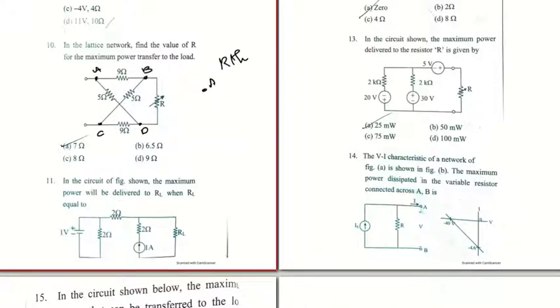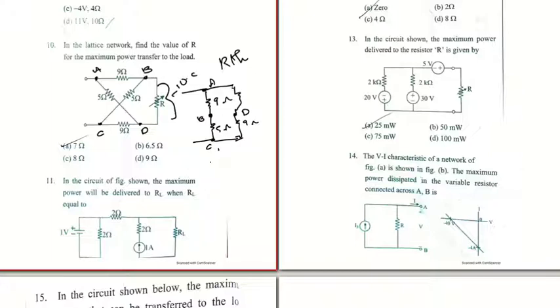From A, a 9 ohm is coming and reaching B. From B, a 5 ohm is coming and reaching C, and from C a 9 ohm is coming and reaching D, and from D another 5 ohm is coming and reaching our A. We don't have to write this resistance because it is open circuit.